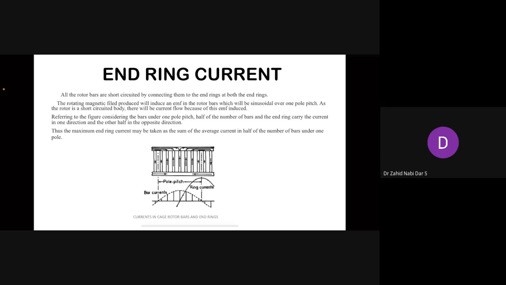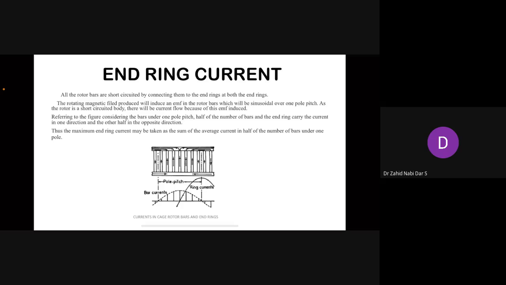Referring to this figure, considering the bars under one pole pitch, half of the number of bars and the end ring carry the current in one direction and the other half in the opposite direction. Thus the maximum end ring current may be taken as the sum of the average current in half of the number of bars under one pole.